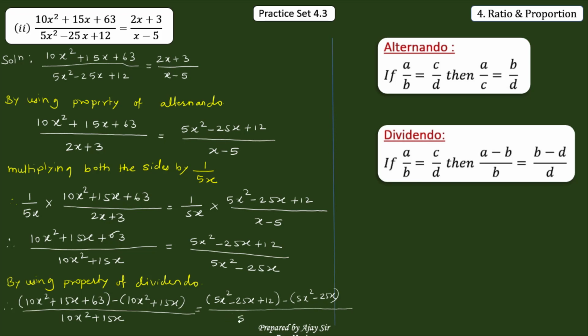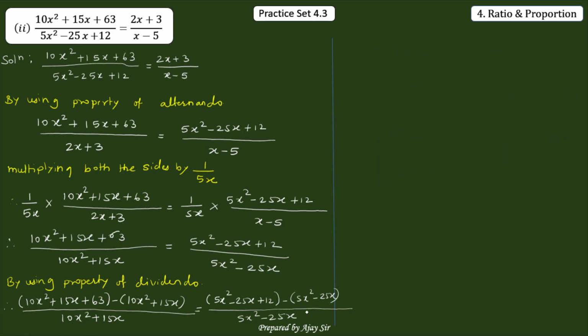Now you have to cancel the terms in the numerator. You have to remove the bracket first. After removing the first bracket, there is a plus sign outside, which means no sign will change inside. If it is a plus sign outside, you just remove the bracket.